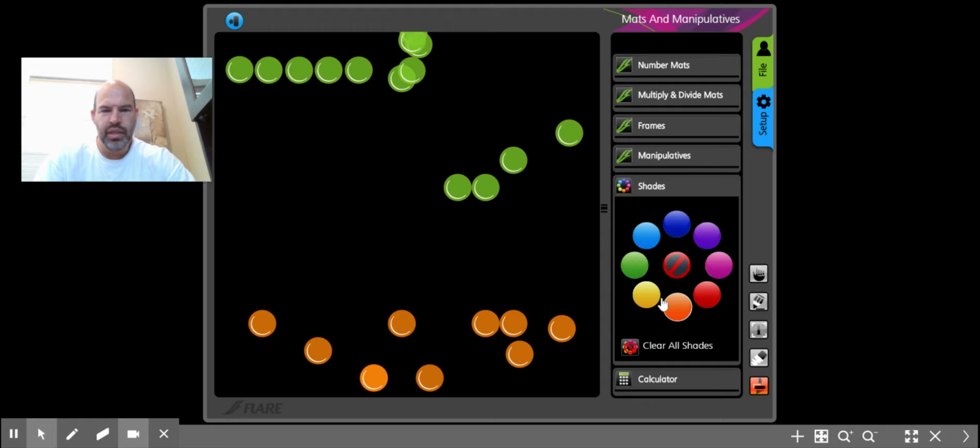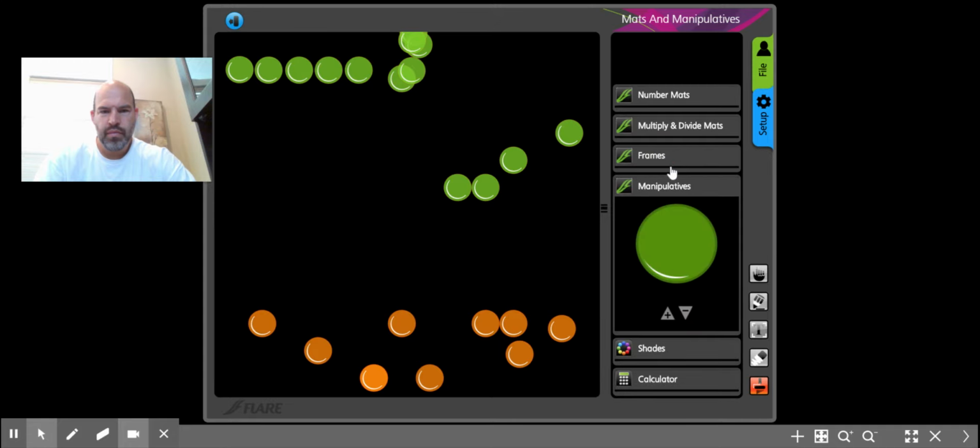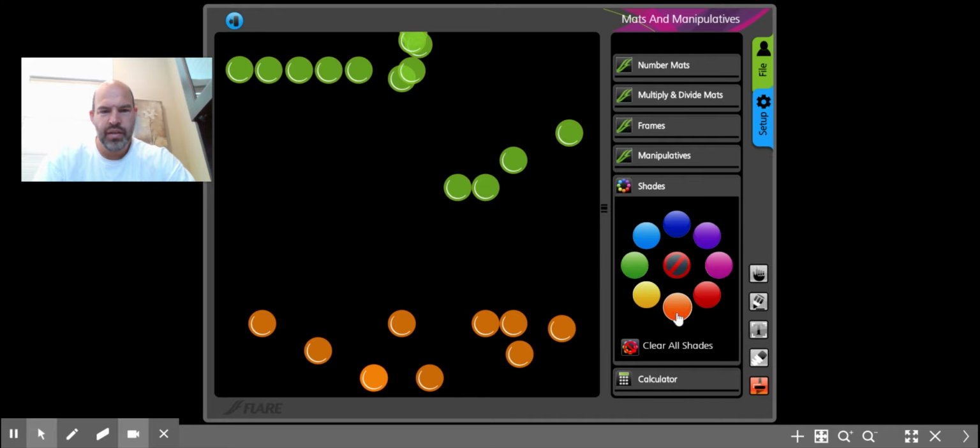I thought we got the shade changed. This I don't know how to do. All right. I was hoping we could change the shade. Oh, okay, we can color counters.